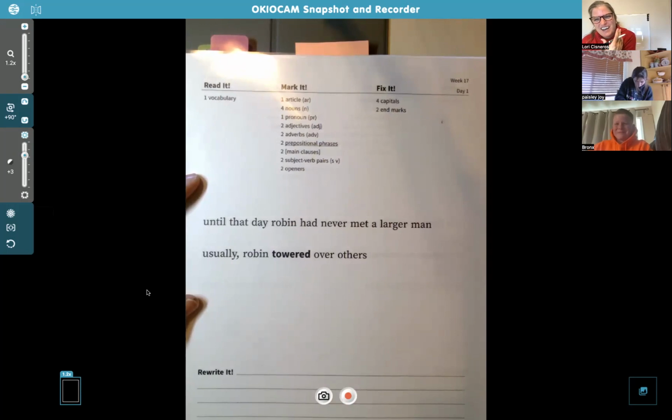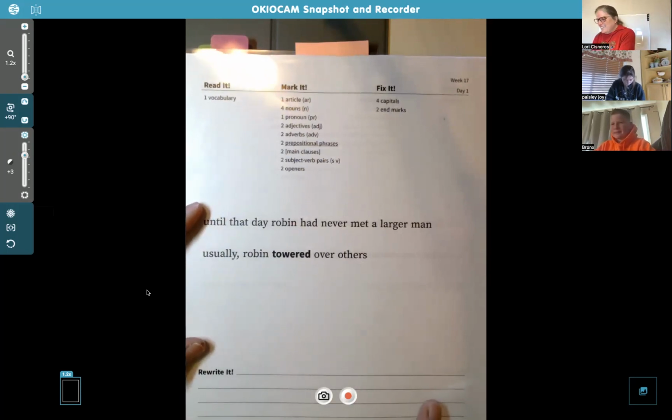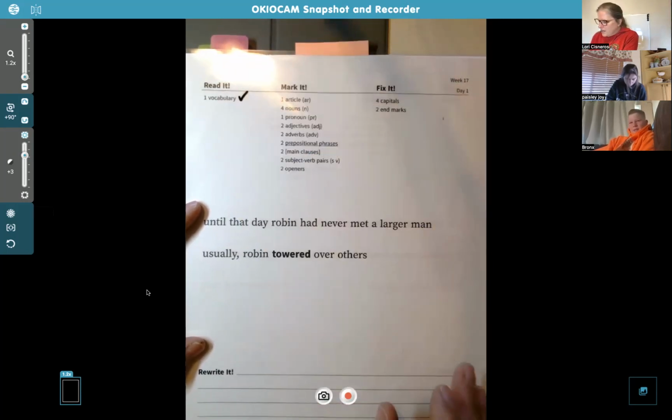They're closer to the net, right? And usually a tall guy has really long arms, so he can reach over everybody else. I guess that's why the NBA is always looking for tall guys. All right, towered. So we'll put a check mark there.